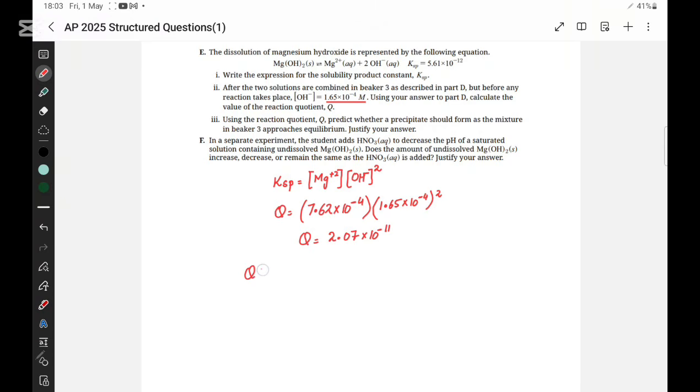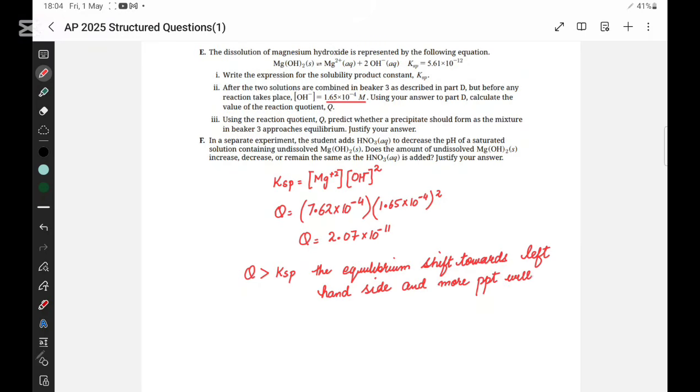And if you see that Q is greater than Ksp, that means the equilibrium shifts towards the left hand side, and more precipitate will form.